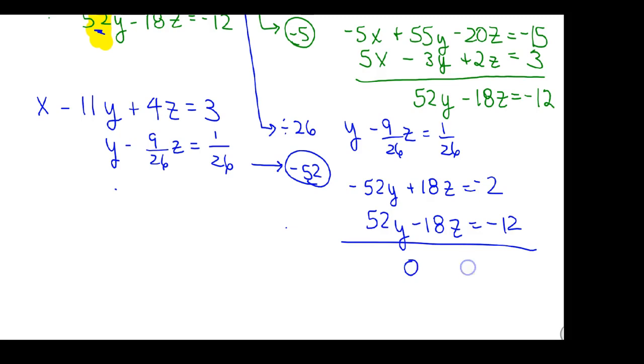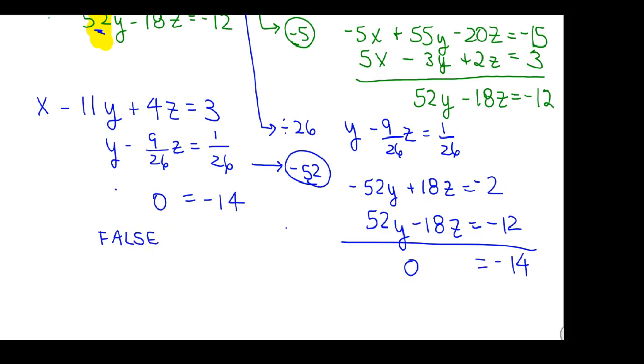And it is. But my z's also eliminate. Negative 2 and negative 12 is negative 14. So my new third row, 0 equals negative 14, is obviously a false statement.